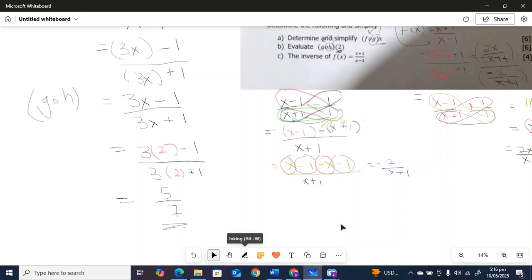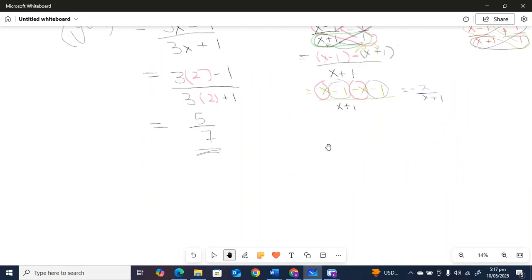Okay, next, inverse functions. So the next question is: find the inverse of f of x equals x plus 1 over x minus 1.